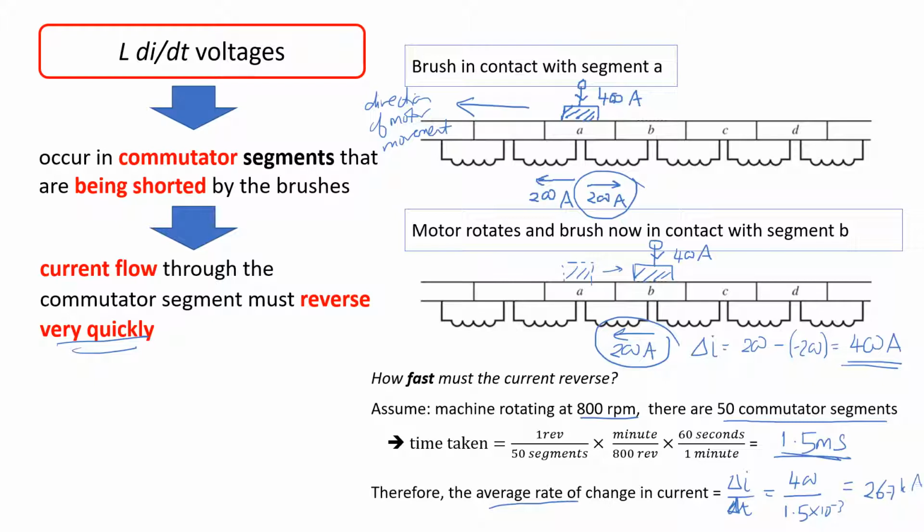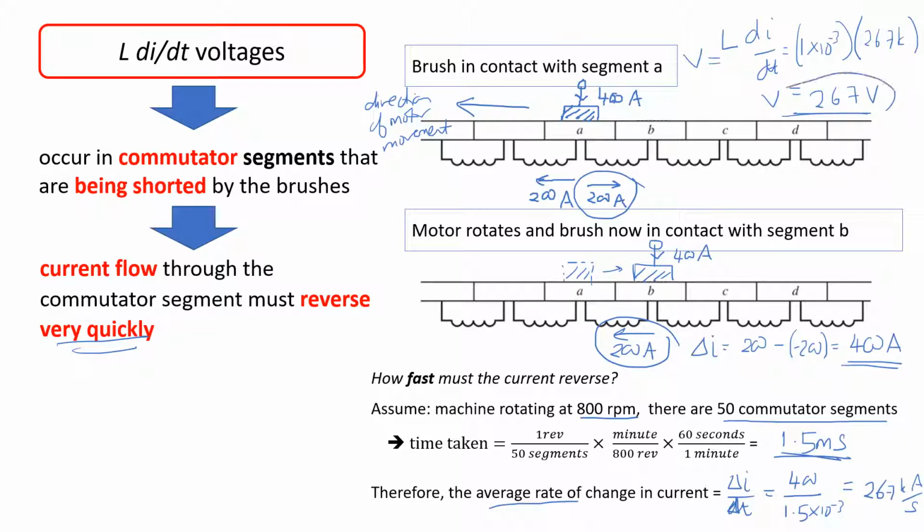267 kiloamperes per second. And if we were to multiply that di by dt with an inductance L, any small inductance, for example 1 millihenry, multiplied by 267 kiloamperes per second would cause a voltage of about 267 volts.